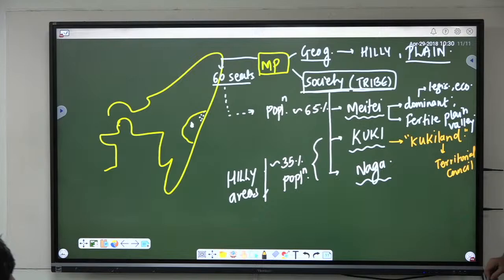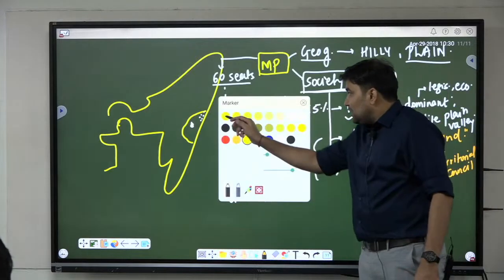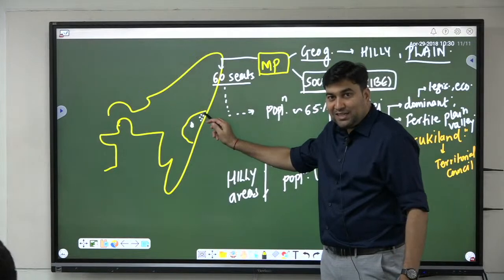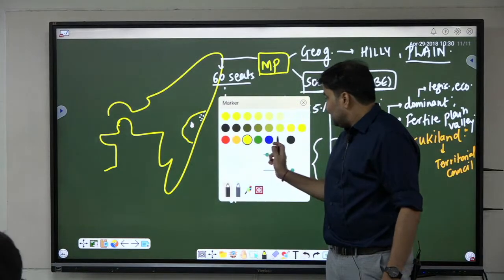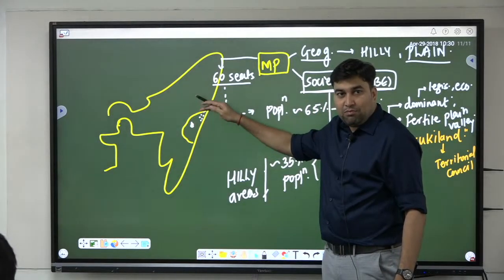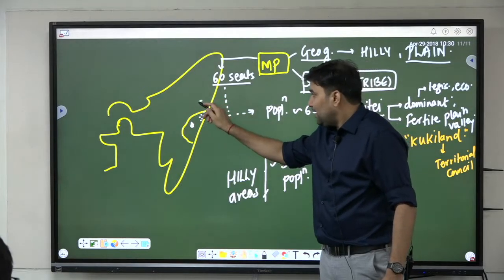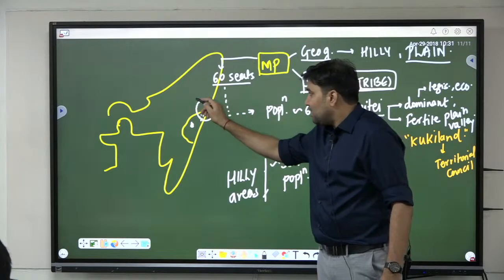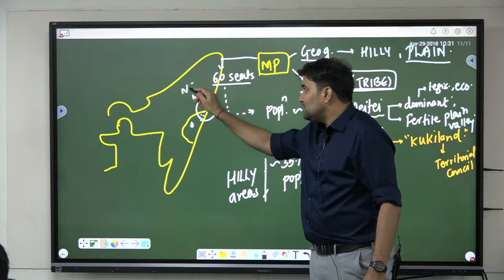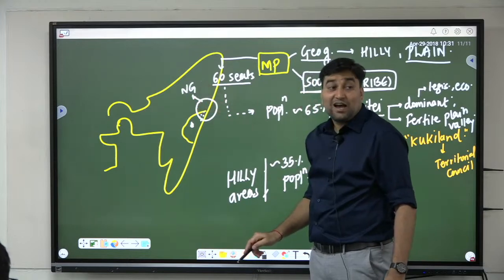Got it? Demand of Nagas. What do the Nagas want? The Nagas, where are they staying? In the hilly areas, northern areas of Manipur. What do they want to do? They want to get added to Nagaland.